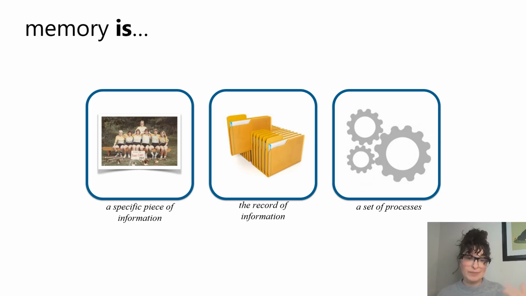Like I'm going to go through and search my memory as if there's a flat file drawer where we keep everything. And then memory is also a set of processes, or probably more accurately, three processes and their associated processes, which is encoding, storage, and retrieval. So it's not just the information, it's also what we are doing with that information.